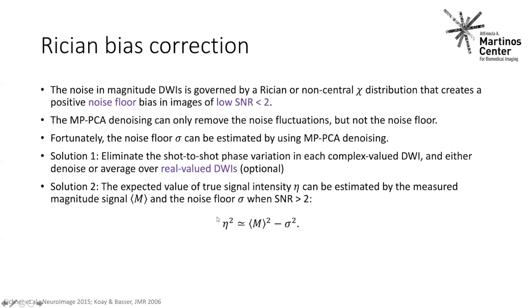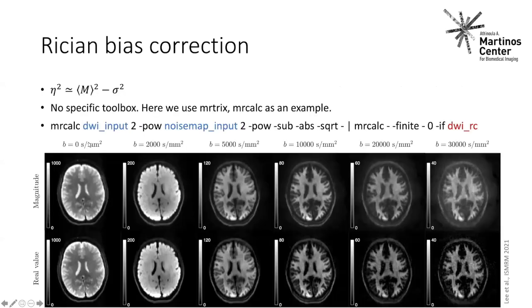And then we get eta, which is the corrected image intensity. So there's no specific toolbox, this equation is too simple. And here we use the mrcalc function as an example. So it's just one command line to do this job. It's very simple.